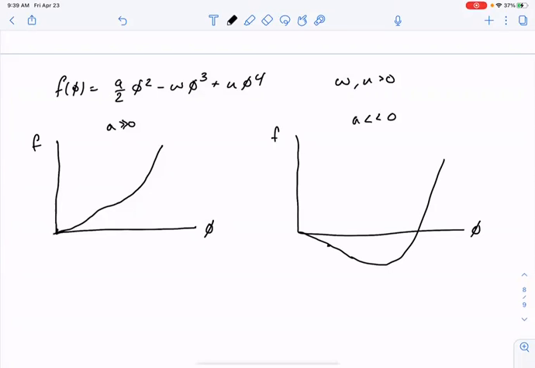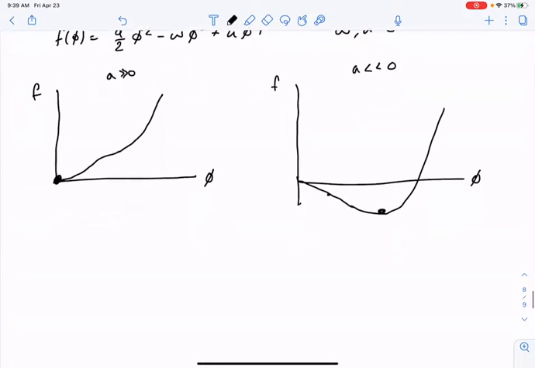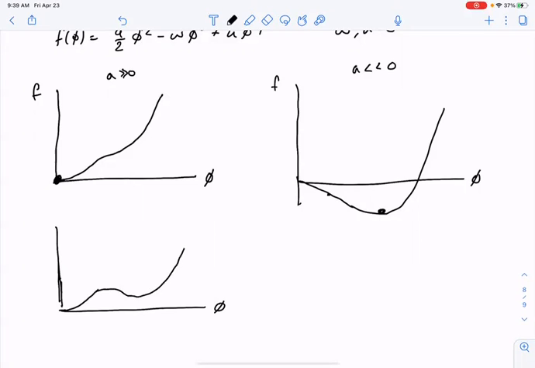So I already see that there is a possibility of having a stable state at phi 0 and a free energy minima at finite phi. What happens in between? Well, I could have A increasing, W big enough relative to it that I have a metastable state.